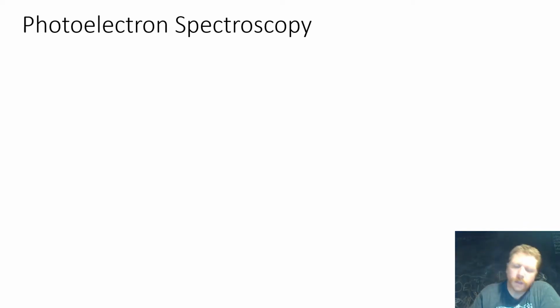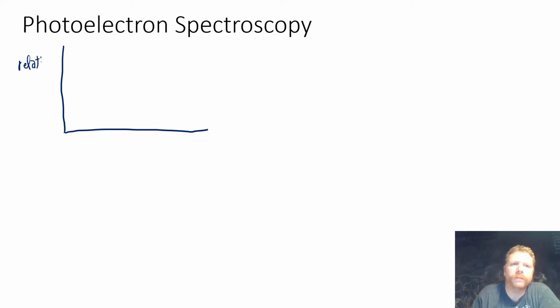And so essentially what it gives us is a photoelectron spectra. And that spectra, the way that we read it, is we look at our y-axis as our relative number of electrons. Our x-axis, we look at as our ionization energy.